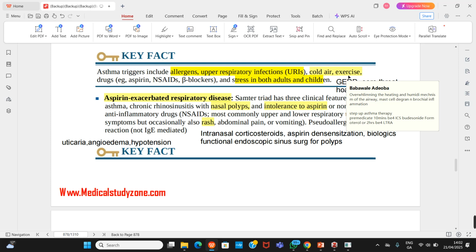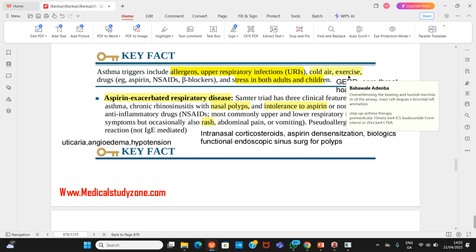In somebody with exercise-induced asthma, because I might not be able to talk about it elsewhere, just know that most of the time they pre-medicate them. About 10 to 30 minutes before they exercise, they give them the inhaled corticosteroid and the LABA, the long-acting beta agonist.